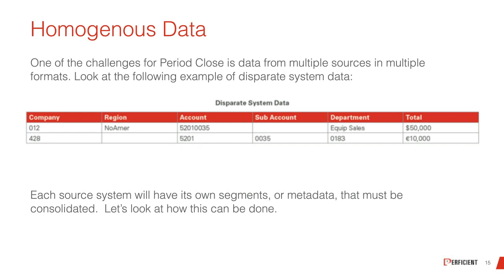As we look at this first line item, we've got company 12. They're in North America region. They have an account. They don't have a sub-account. Their department is equipment sales, which is spelled out. And their total sales is $50,000. Then, as we look at the next line item, how are these 2 line items related?